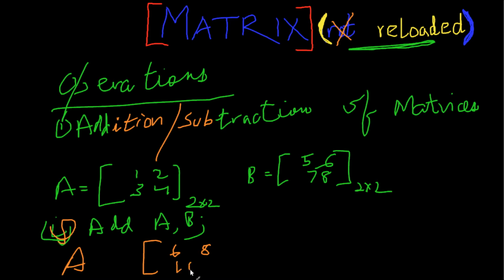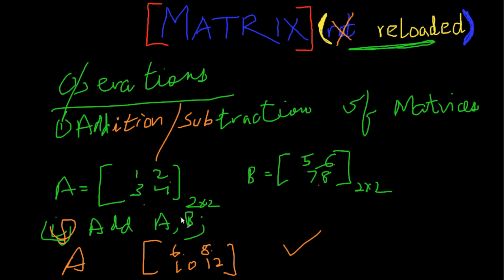What I've done is 1 plus 5 is 6, 2 plus 6 is 8, 3 plus 7 is 10, 4 plus 8 is 12. So guys, this is very easy.